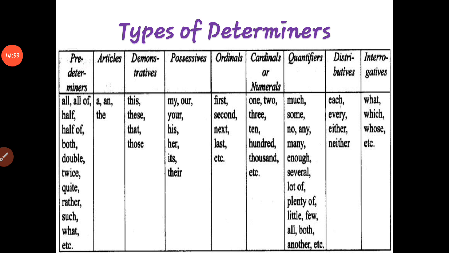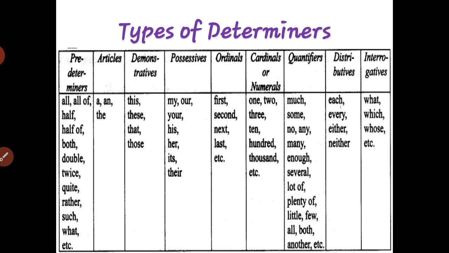Now, there are 9 types of determiners. Those are predeterminers, articles, demonstratives, possessives, ordinals, cardinals or numbers, quantifiers, distributives, and interrogatives. So these are the 9 types of determiners.